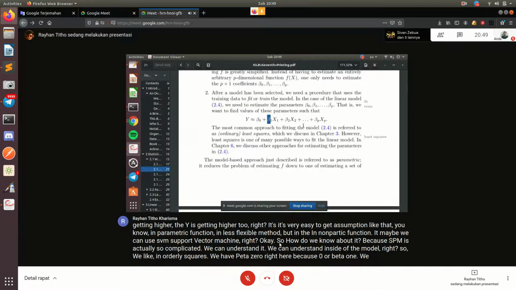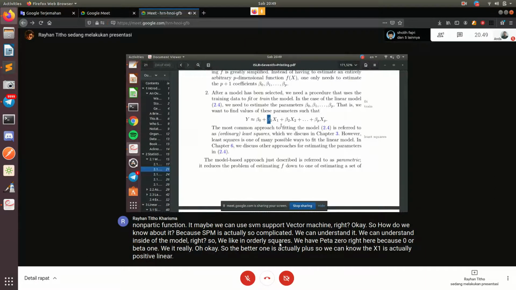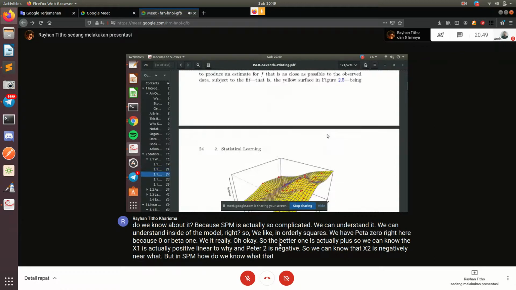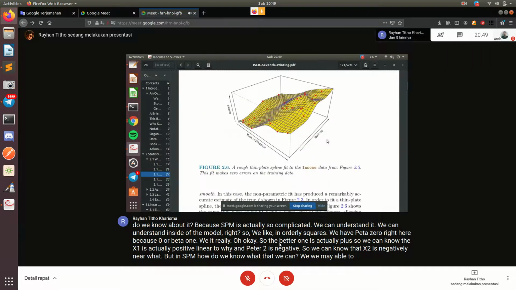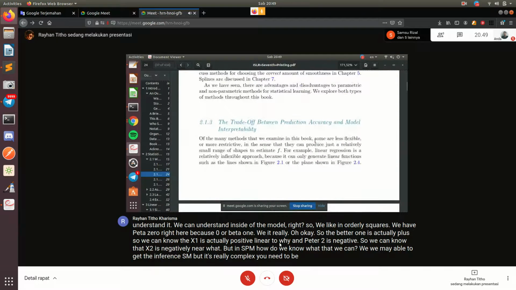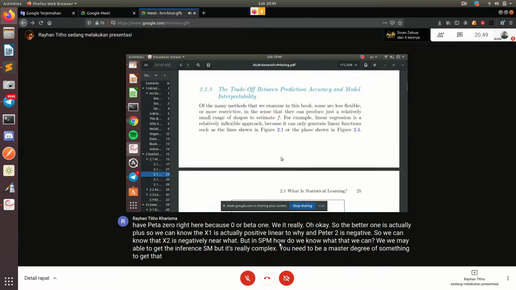The beta one is plus, so we know that x1 is positively linear to y, and beta two is negative, so we know that x2 is negatively linear to y. But in an SVM, how do we know about that? We may be able to get the inference from an SVM, but it's really complex. You need something like a master's degree to get that from an SVM.